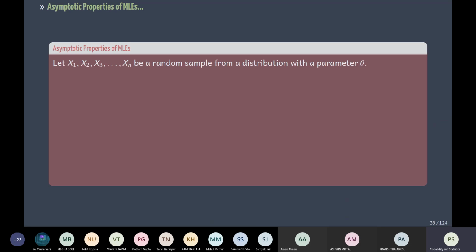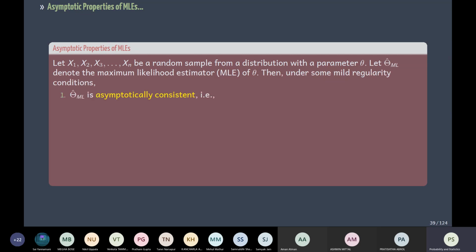What are the properties of maximum likelihood estimators? They are asymptotically consistent. So we have seen consistent: the probability that |theta hat n minus theta| is greater than or equal to epsilon goes to 0, right?